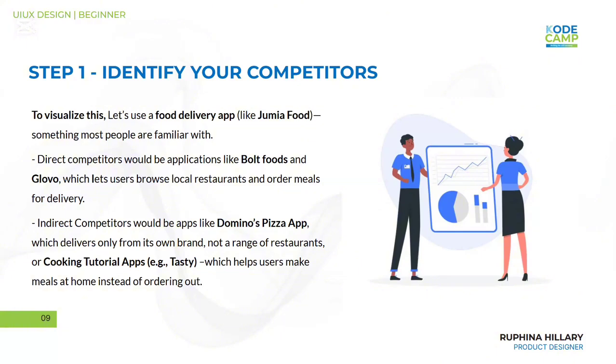And someone that has the Domino's Pizza application, though it's not as diverse as Jumia Food, can get pizza with Jumia Food and can also get pizza with Domino's. So it's still a competitor, but it's indirectly competing with you, compared to Bolt Food and Glovo, which are doing exactly the same thing as Jumia Food.